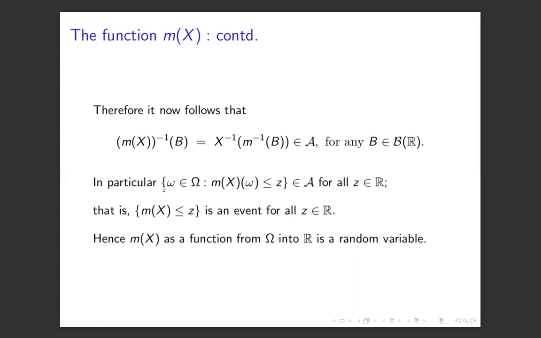That is how in basic courses a random variable is defined: that this should be an event for every z in R. So this ties up with the definition of a random variable you have seen without invoking measure theory.